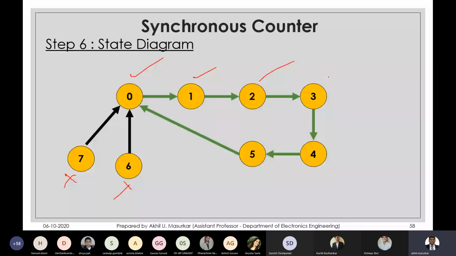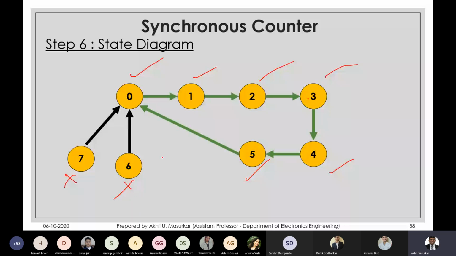The next state of 0 is 1, of 1 is 2, of 2 is 3, of 3 is 4, of 4 is 5, and of 5 is 0. But now the next states of 6 and 7 are also defined to 0 and 0. That is why we show 6 and 7.